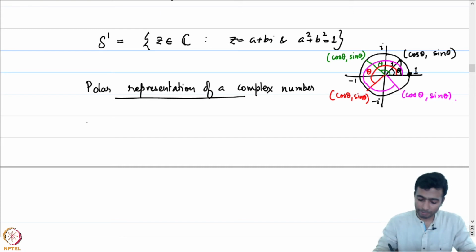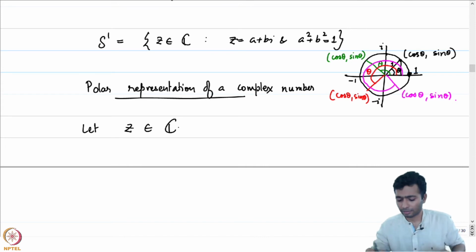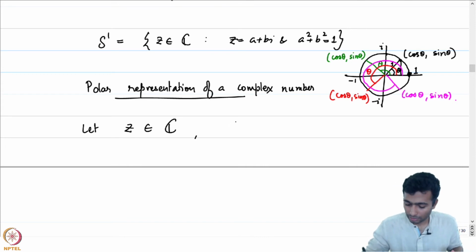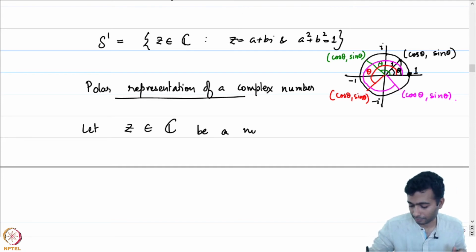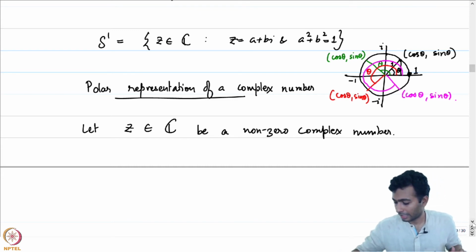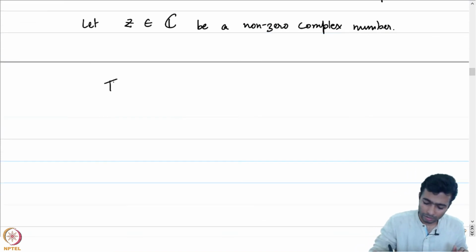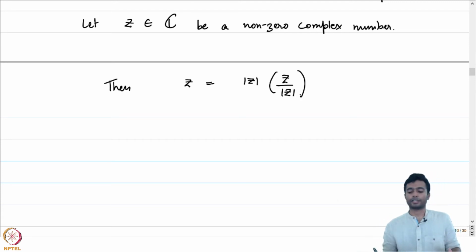Suppose z is a non-zero complex number. Then z can always be written as the absolute value of z, which is a positive number, times the complex number z divided by the absolute value of z.